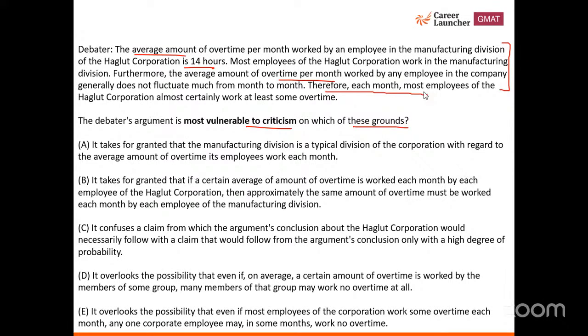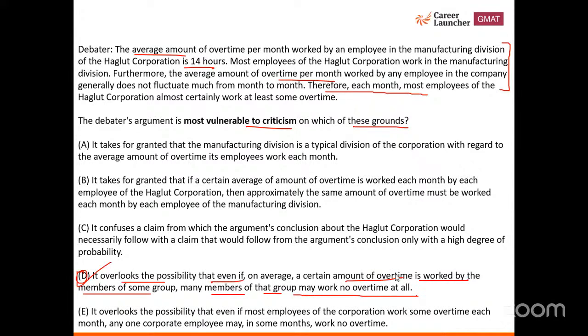Let's say some people may have extraordinarily high marks, and some people may have extraordinarily low marks, right? And then the average could still be 60, right? So just because the average amount is 14 hours, that does not mean that most of the employees work at least some overtime. Some may work no overtime at all. And the only logical choice presenting that was D. It overlooks the possibility that even if on average a certain amount of overtime is worked by the members of some group, many members of that group may work no overtime at all.